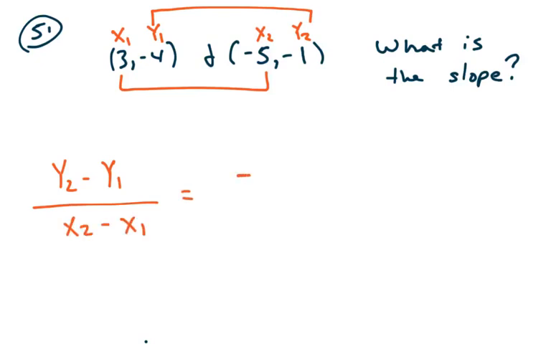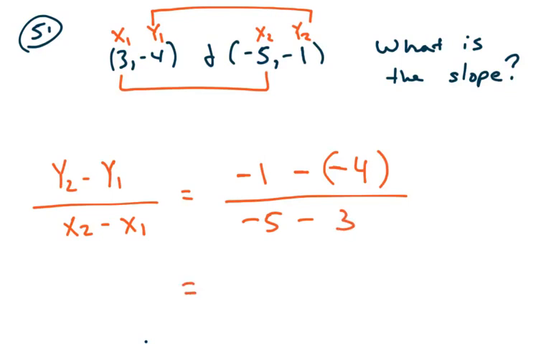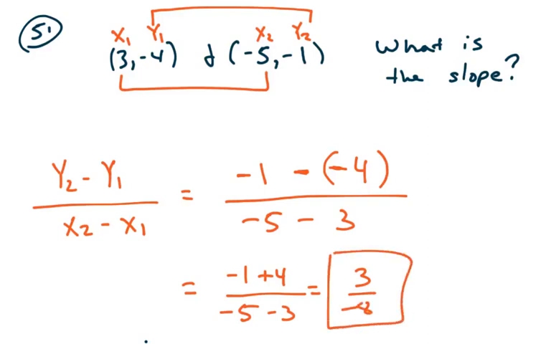So we have negative 1 minus negative 4. Watch those negatives. And then we have negative 5 minus 3. And so when I clean this up, I have negative 1 plus 4. Negative and negative becomes a positive. Negative 5 minus 3. This leaves me with 3 over negative 8. And there's my answer. Okay.